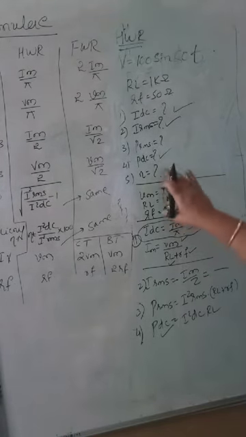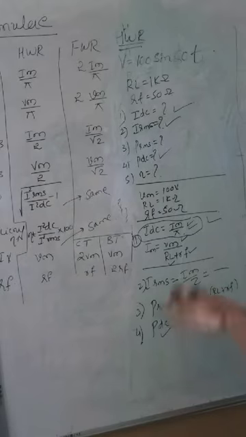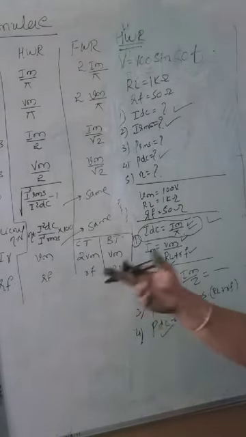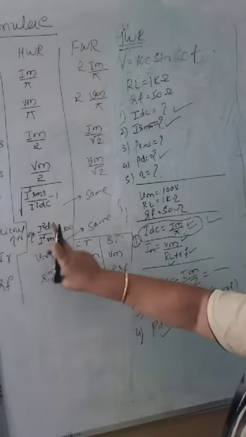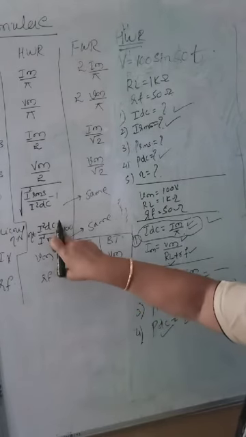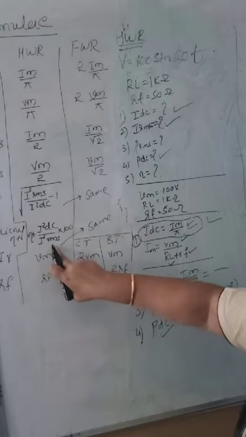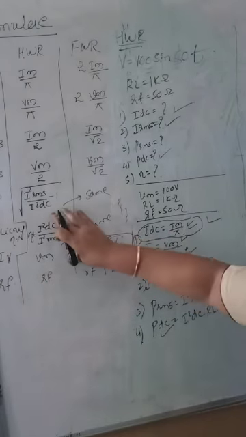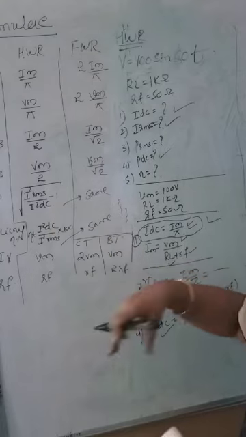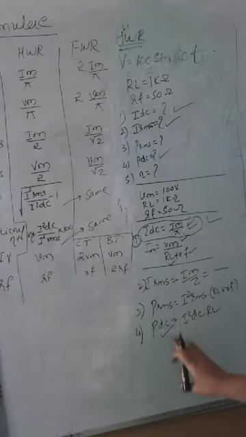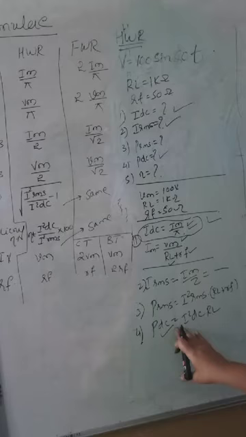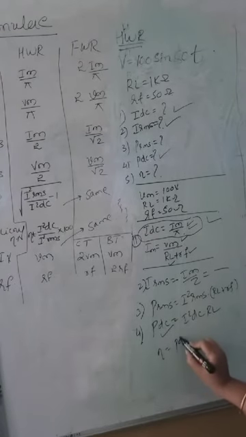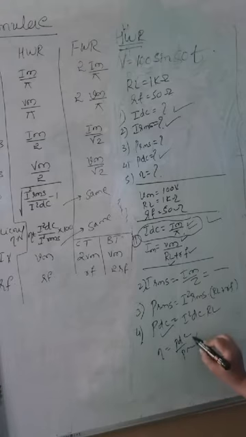Next, efficiency. Efficiency in terms of the calculated values. You can go for this formula also. You know IDC, you know IRMS. Otherwise this is in terms of current. If you directly go for finding the efficiency in terms of power, that also you can do. PDC divided by PRMS into 100.